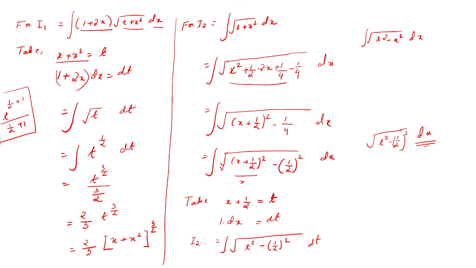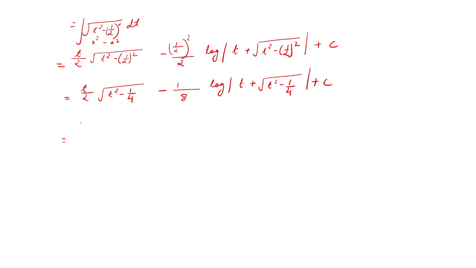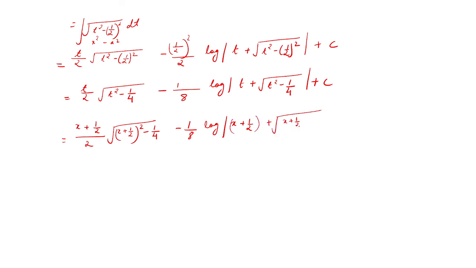Replace this as (x plus half) by 2, and then again the same thing, root of (x plus half) the whole thing square minus 1 by 4, minus 1 by 8 log of (x plus half plus root over (x plus half) the whole thing square minus 1 by 4) plus c.